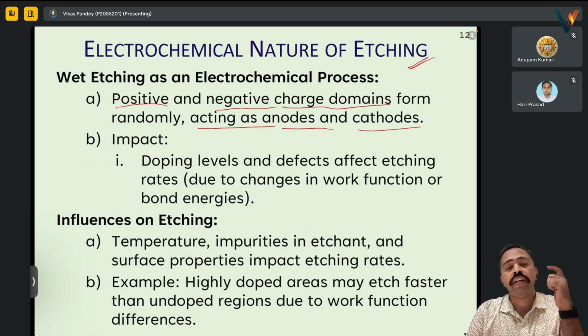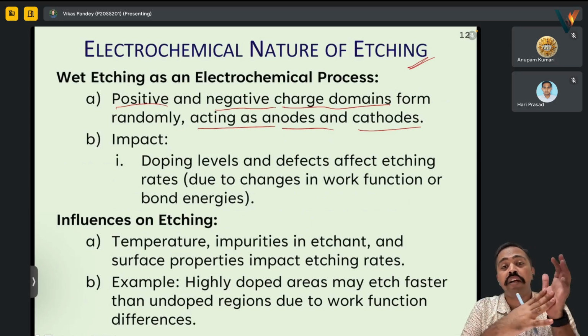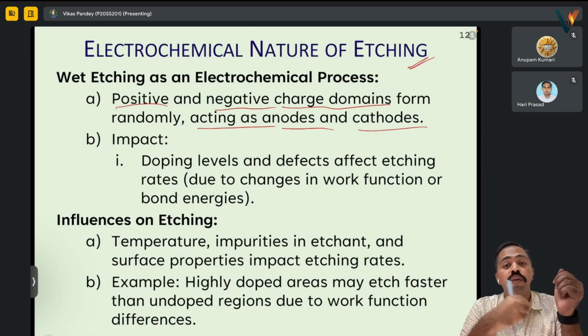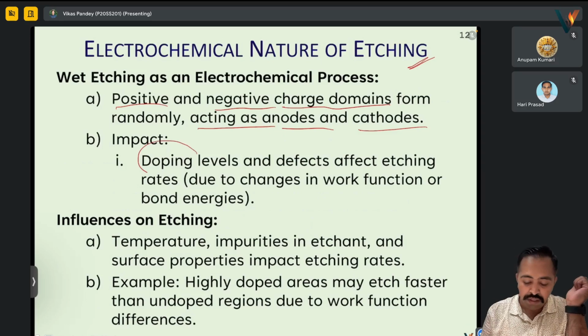So if in this whole process there is some electrochemistry involved, that is, the flow of charges, in that case, certainly the doping levels will play some role.